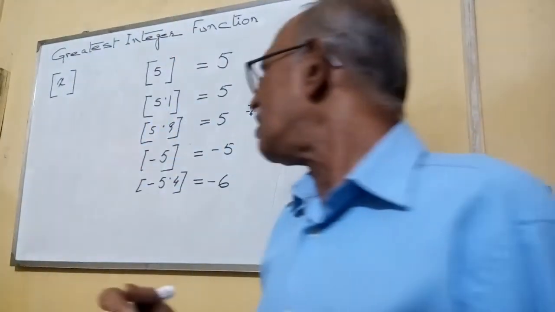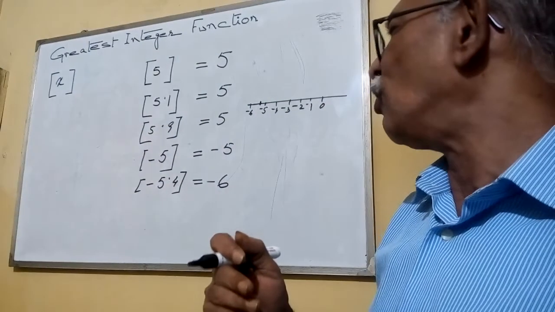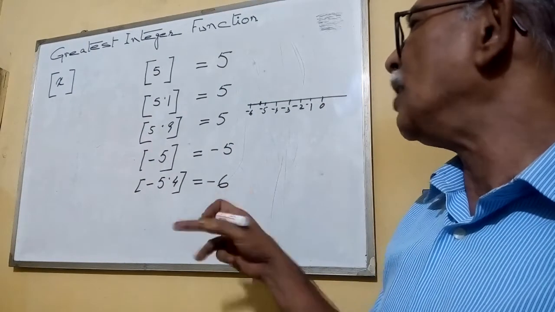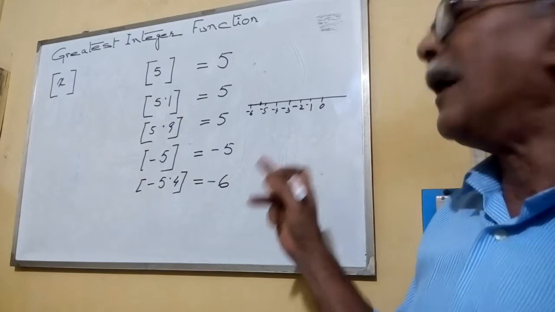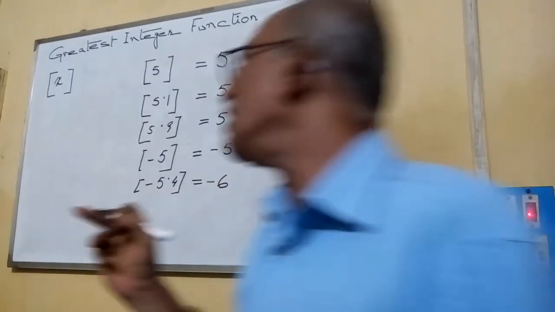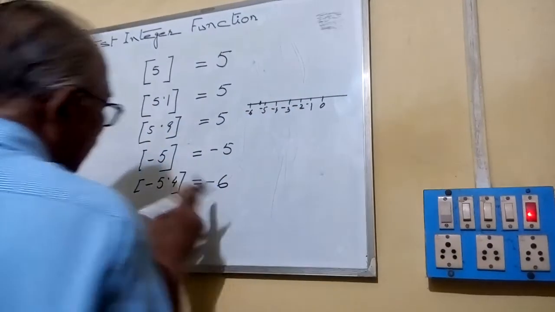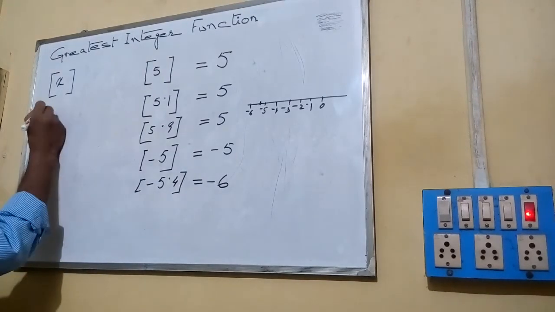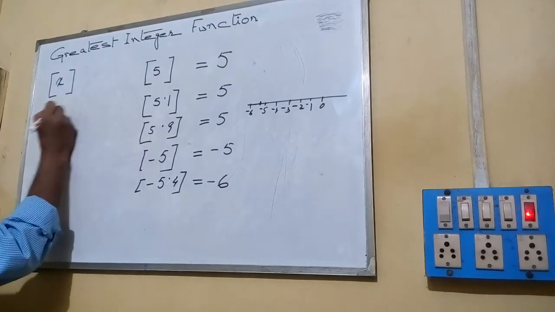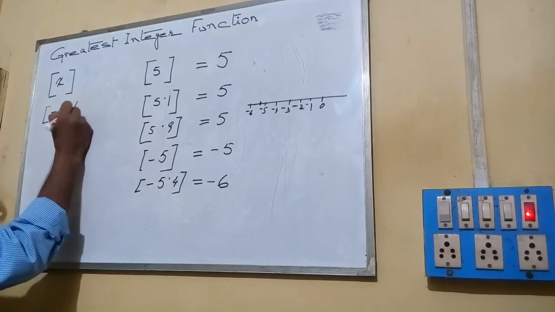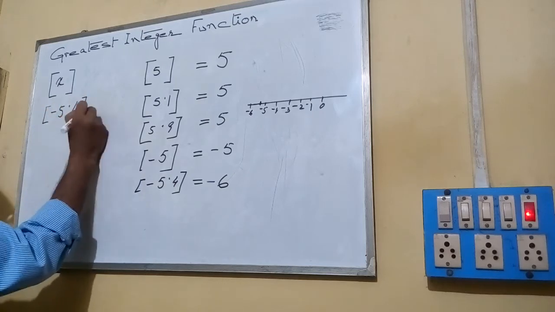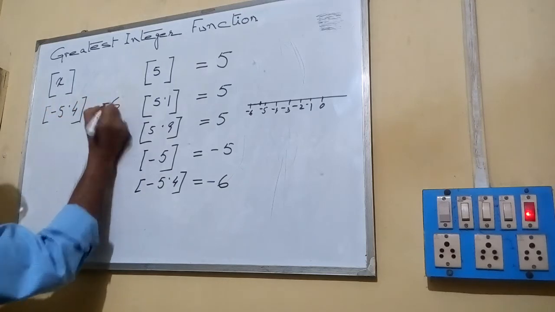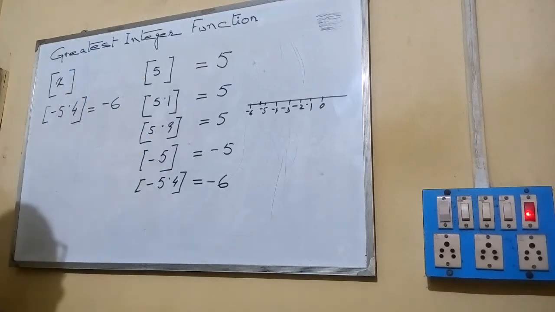So if we take minus 5, it will be greater than minus 5.4, so we have to take minus 6. So box of minus 5.4 equals minus 6. In this way, this is known as the greatest integer function.